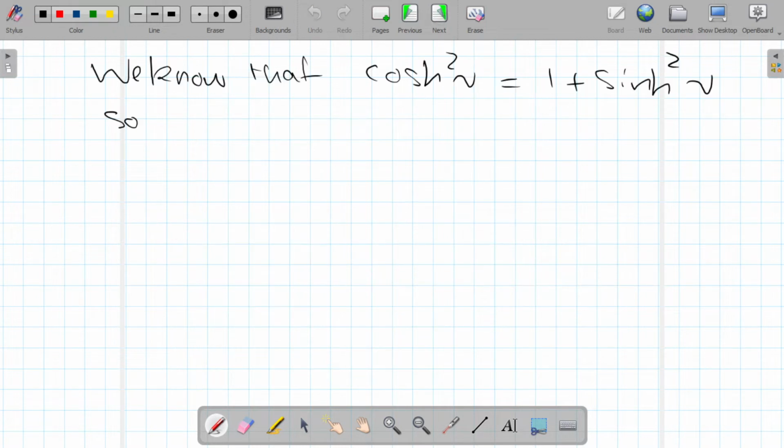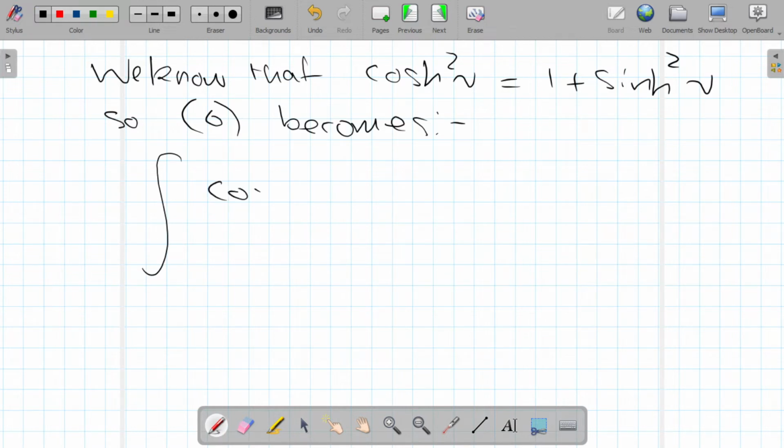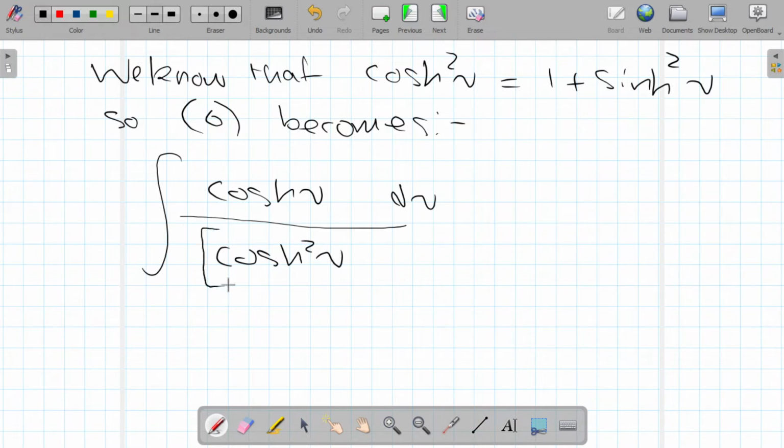So equation 6 becomes the integral of cosh v dv divided by cosh squared v, and all of that is to the power 3 over 2, and that's equal to the integral of dx.